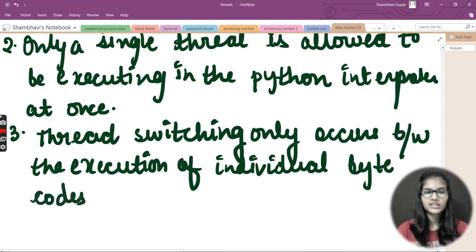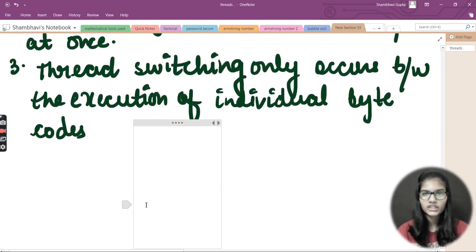So this is another thing that comes here, that you can do this thread switching only and only between the execution of individual byte codes. Okay, this is another thing that comes here, right?